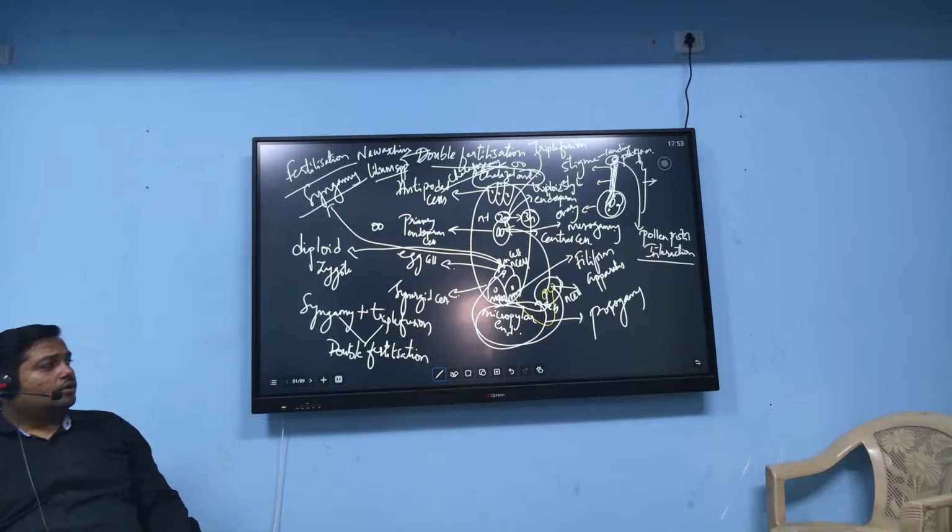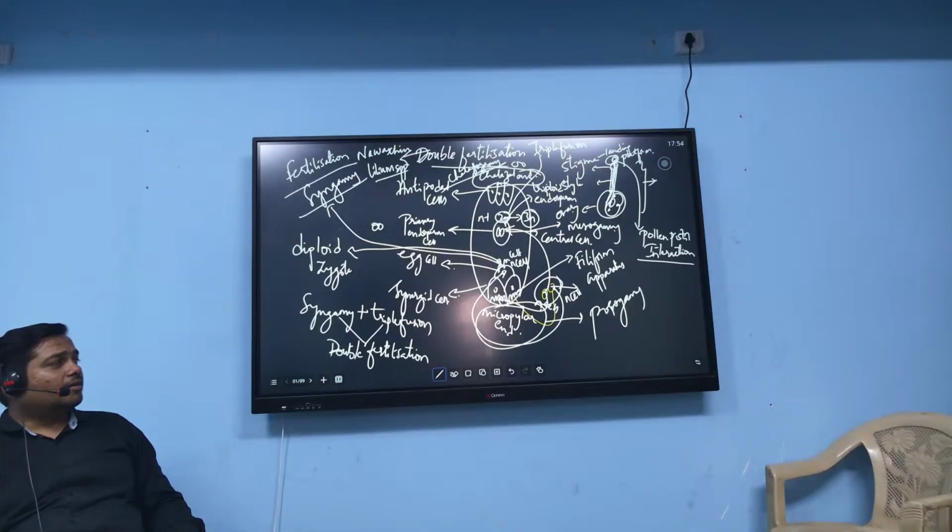Porogamy means when the gametes are fusing from the micropylar end. When the gametes are released near the central cell, and they fuse either with the egg cell or with the central cell, that time it is called mesogamy.